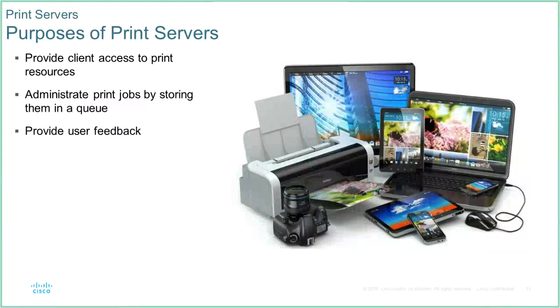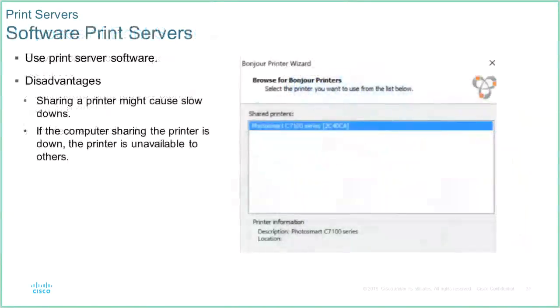And when somebody's doing a large printing job, it will store all those other print jobs in a much larger queuing system, not relying on the individual memory on the printer. So this becomes more efficient as you get more users using the same resources, and the server is able to provide feedback to the users as to the status of their print job.